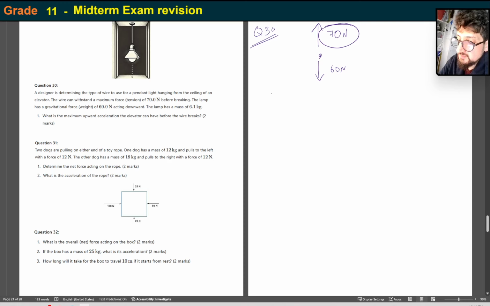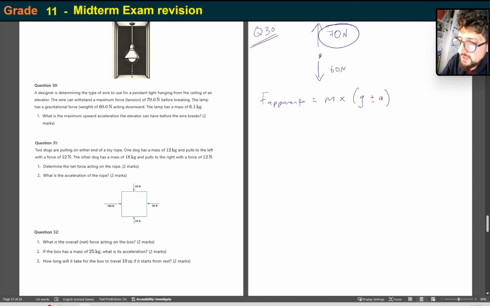If I look at the formulas, I've got F apparent equals mass times gravity plus or minus a, plus or minus acceleration. Some of you prefer this, that's fine, they're exactly the same.